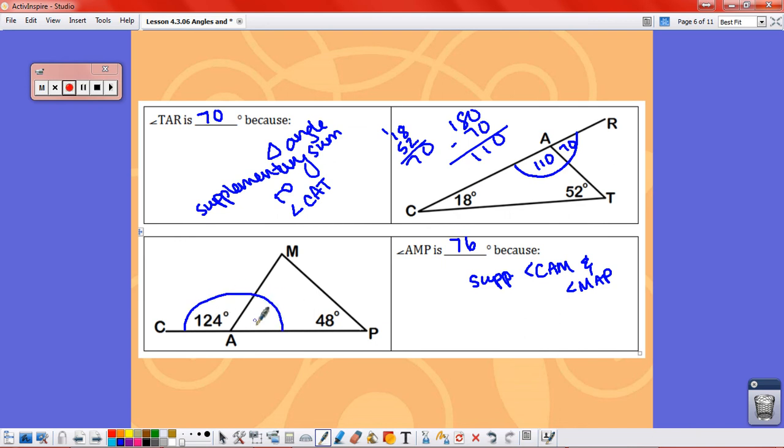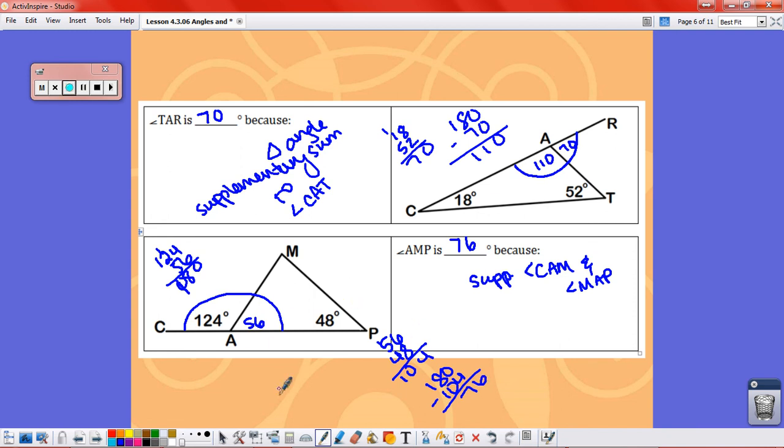If this is 124, then this has to be 56 in order to make 180. Okay, whoops. So, now we want to make 180 for the triangle. Well, what we have is 56 and 48 makes 104, and 180 minus 104 is 76.